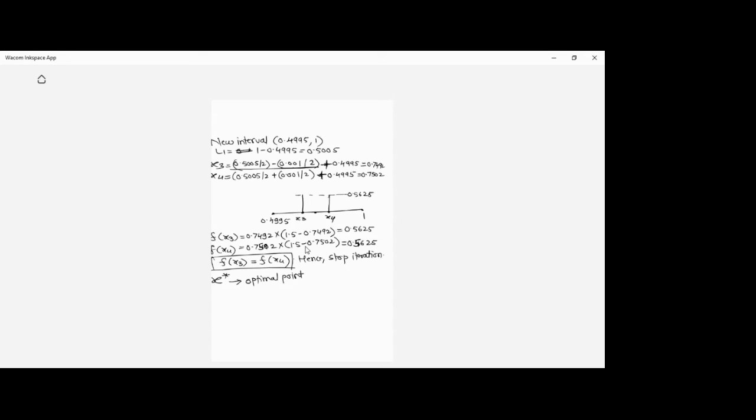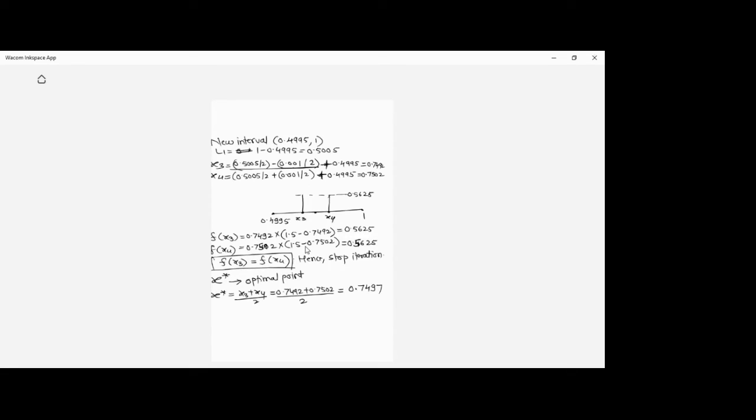When the functional values come out equal, what we do is take the average of these values of x3 and x4. So x star is equal to x3 plus x4 divided by 2. X3 is 0.7492 plus 0.7502, which is your x4, divided by 2 will be your optimal point. If you do the calculation, it comes out to be 0.7497.